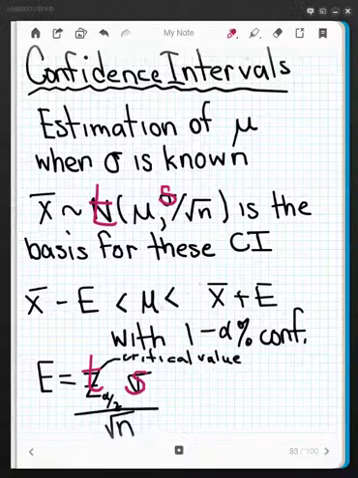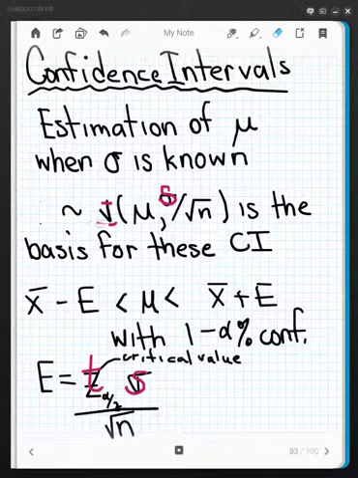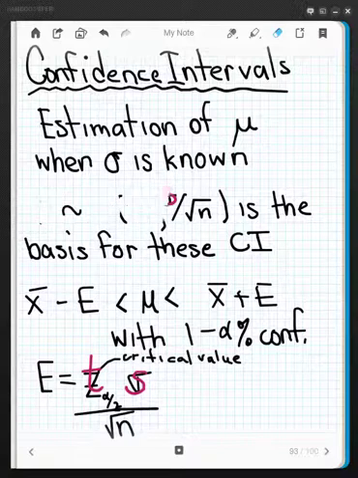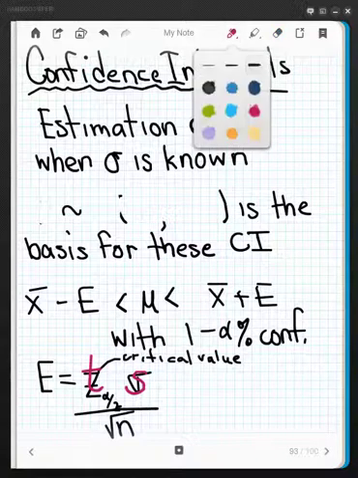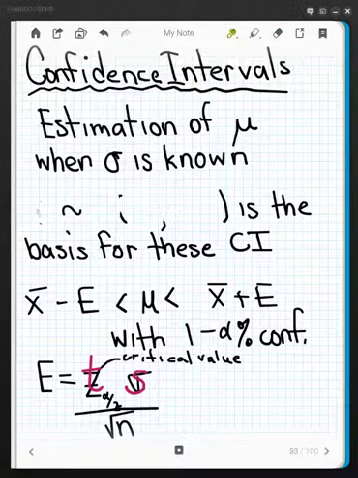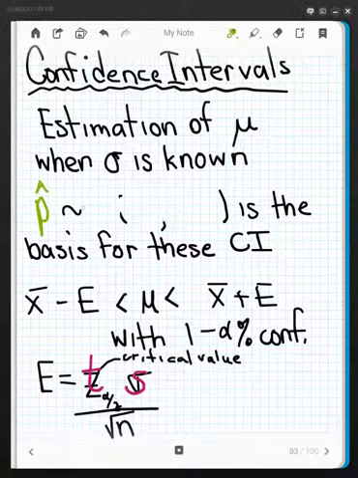Now if I do this for proportions, let me erase this and say, okay, now I'm not talking about a mean anymore. I'm talking about a proportion. Well, if I'm talking about a proportion, then I have my p-hats. That's my sample statistic that I'm using to estimate.